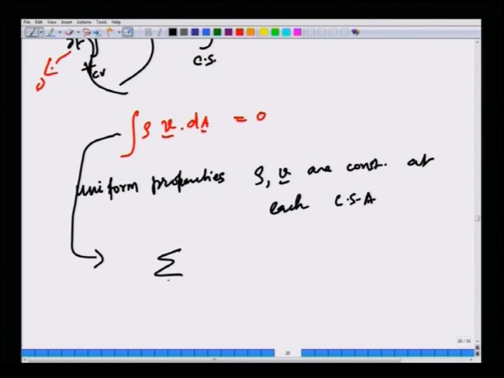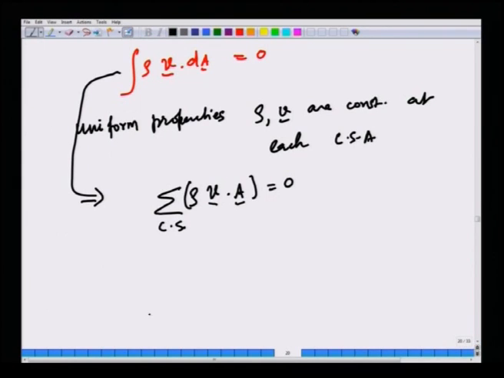So, it becomes a summation over all control surfaces of rho V dot A is 0. Rho will still stay inside, because in general rho at different control surfaces can be different.